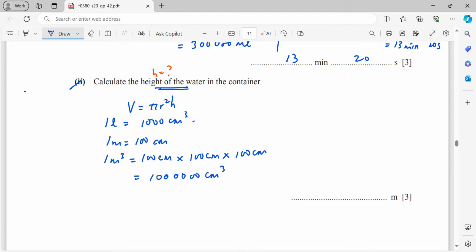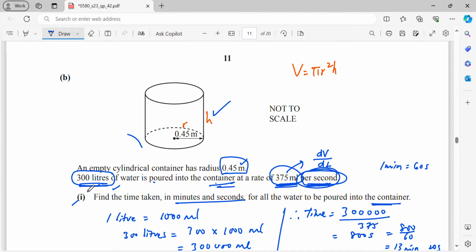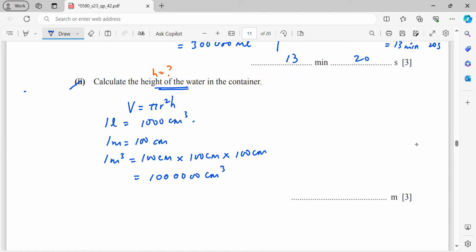Now, you have 300 liters. So, 300 liters will be the same as 300 times, now I need to get centimeter. You see, 1 liter is 1000 centimeter cube. So now 1 meter cube will be this much.